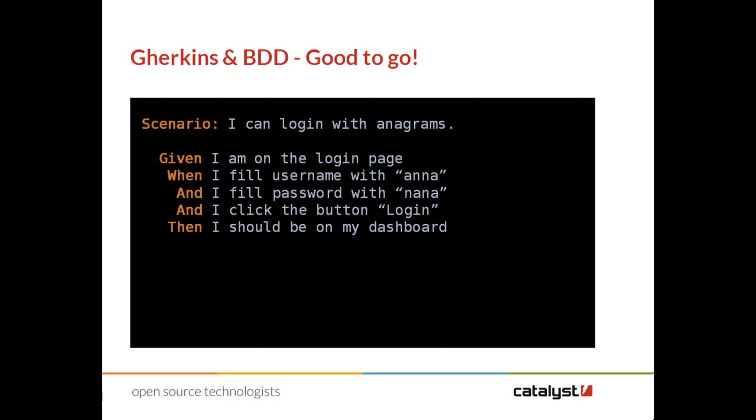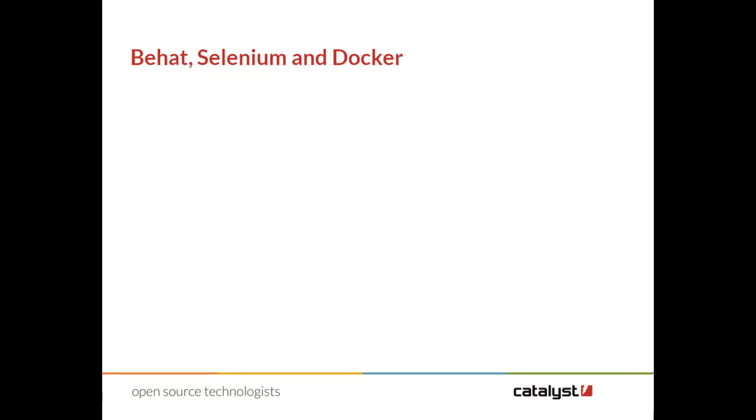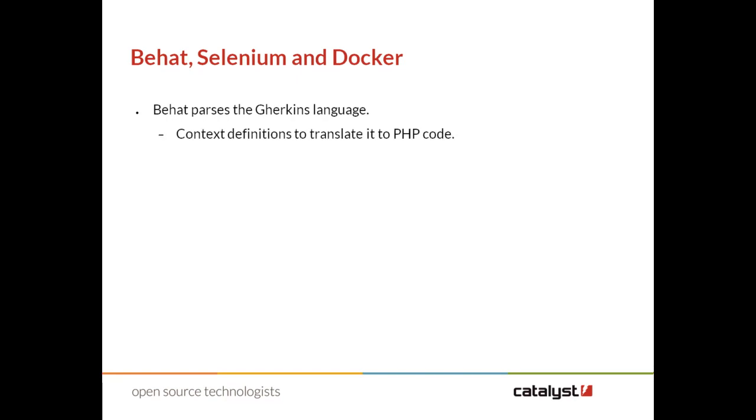But now, let's run those tests. We're going to use Behat, Selenium, and Docker. Behat is going to parse the gherkins language so it knows what needs to be done. You're going to need something called context definitions, which maps the statement in plain English into a PHP function, which will make calls to the Selenium driver, which in its turn opens a web browser and performs the required actions.